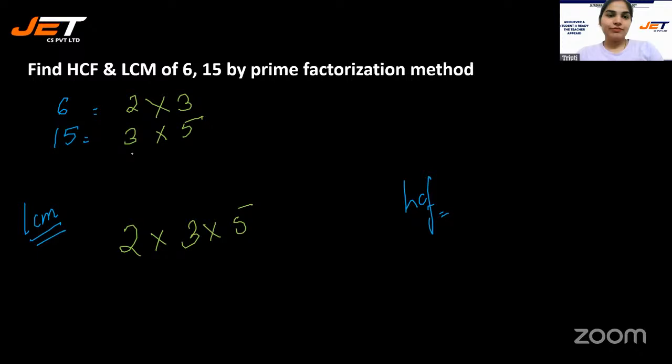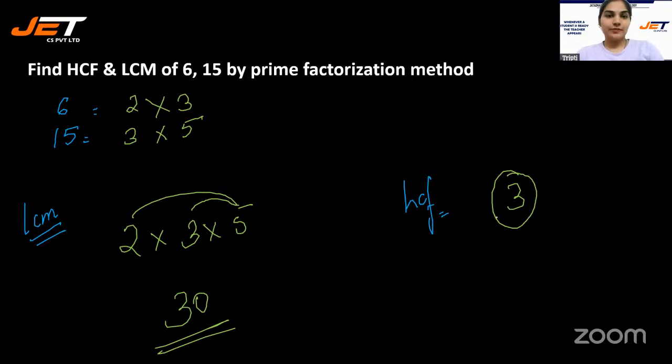And HCF, I can just make a pair of 3. So 2 times 5 is 10, 10 times 3 is 30, 30 is the LCM, least common multiple, and HCF, that is the highest common factor, is 3.